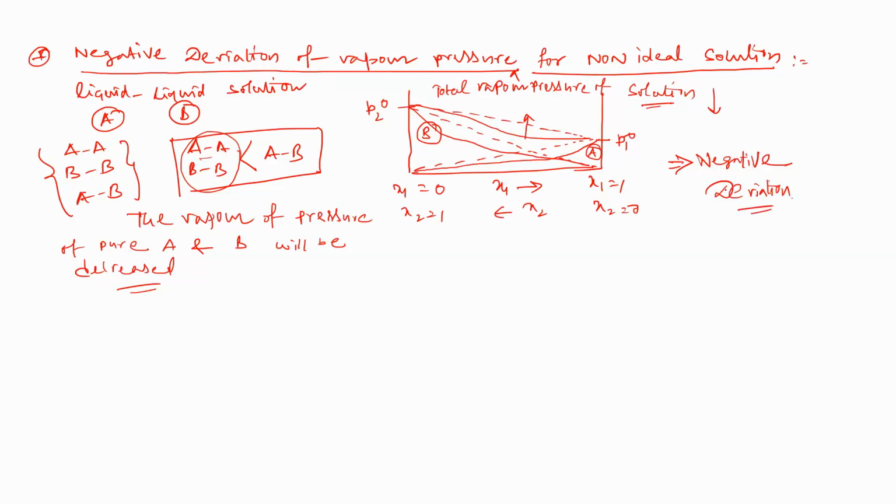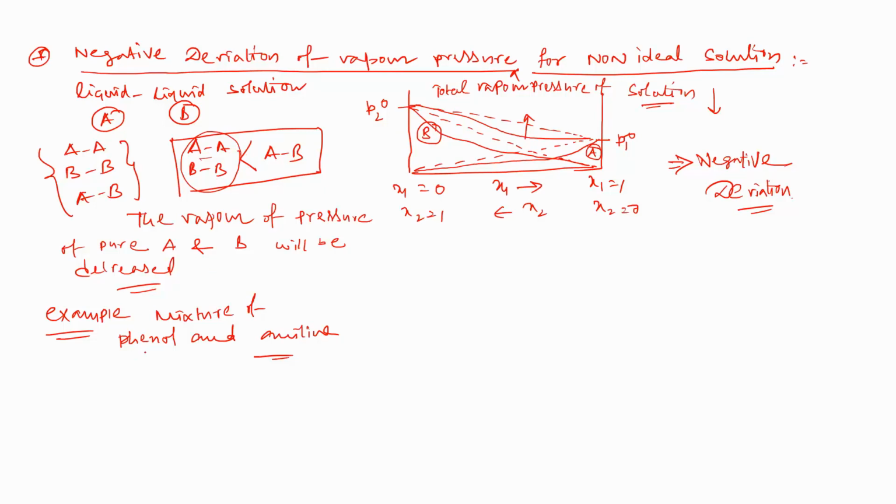Now if I talk about one very interesting example, the mixture of phenol and aniline. For the negative deviation, I have said that the AA interaction and BB interaction will be weaker, but the AB interaction will be higher.